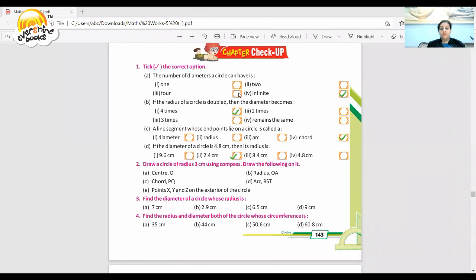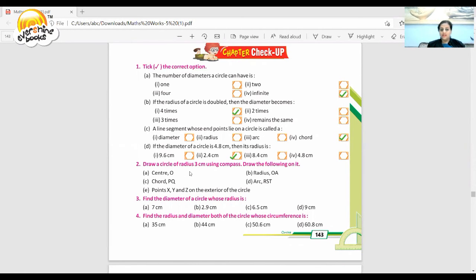There are infinite numbers of diameters and radii too. If the radius of a circle is doubled, then the diameter will be 2 times. A line segment whose end points lie on the circle is called a chord. If the diameter of a circle is 4.8, just make it half and you will get the answer 2.4 centimeter.